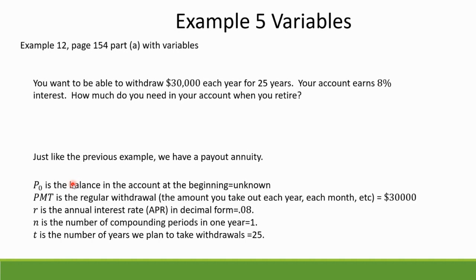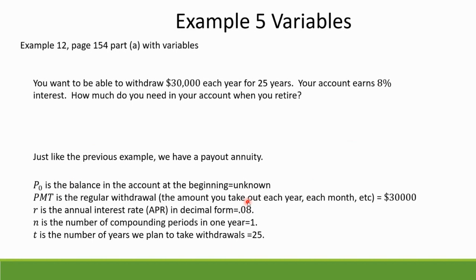Now R is the annual interest rate, the APR. Here you write it as a decimal. You don't want it as a percent, so it's 0.08. And n is how many times it's compounded in a year.